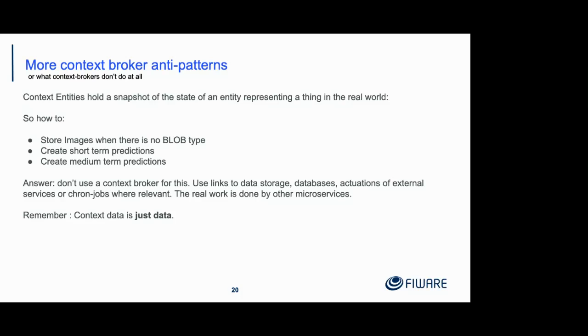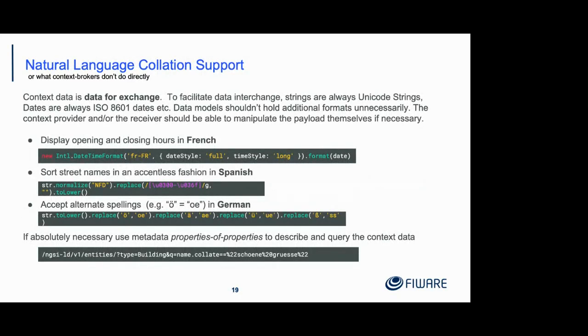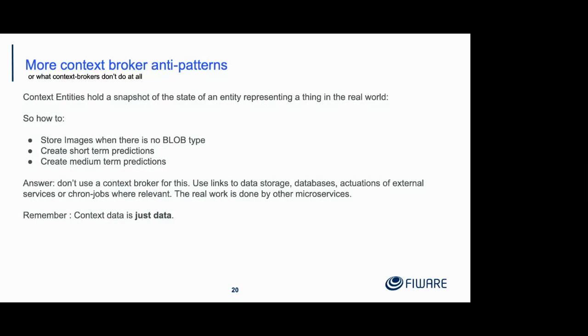Okay, context broker anti-patterns. What context brokers don't do at all. I was going on about collation support. You can do it if necessary, but you shouldn't think that a context broker necessarily holds all of your data, or all of your inputs, let's put it, rather than data. Context data is just data.